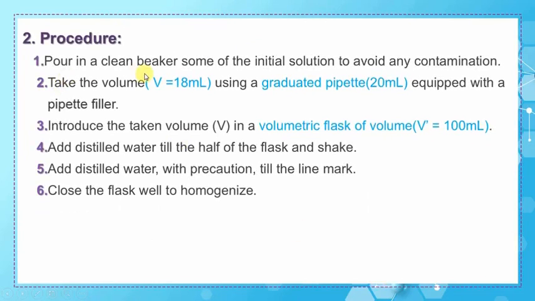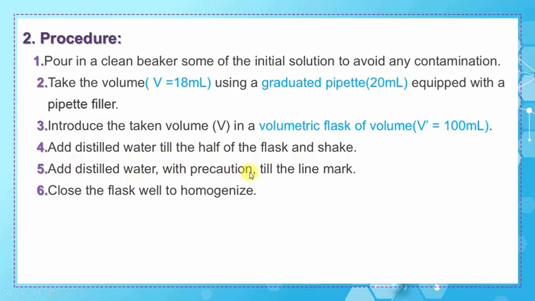The procedure. Put in a clean beaker some of the initial solution to avoid any contamination. Take the volume V, 18 milliliter, this is the calculated volume, using a graduated pipette 20 milliliter equipped with a pipette filler. Introduce the taken volume V in a volumetric flask of volume V prime 100 milliliter. Add distilled water till the half of the flask and shake.